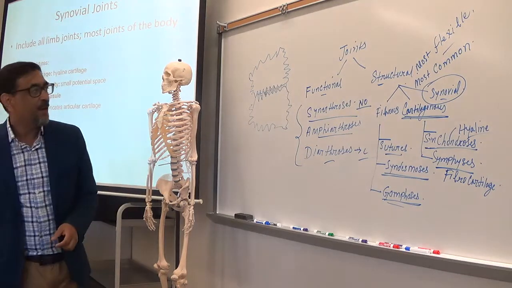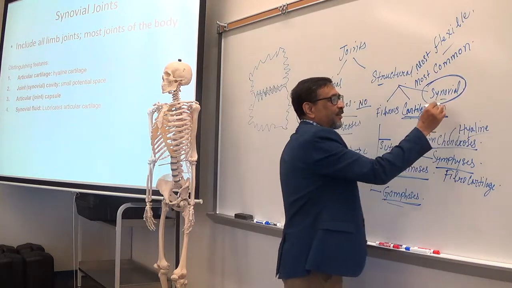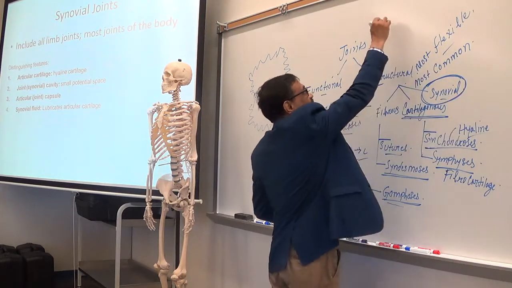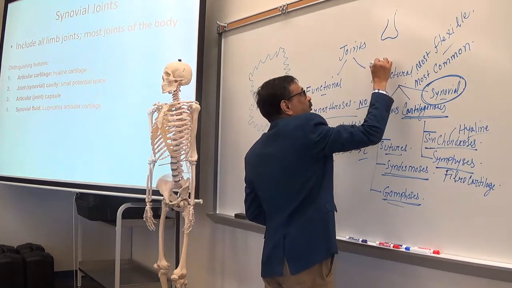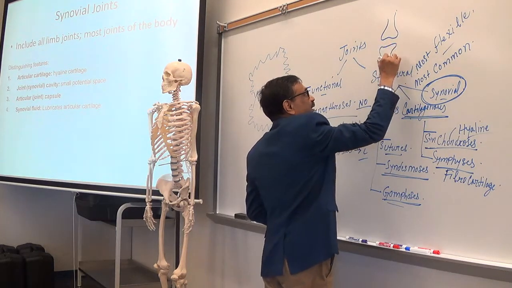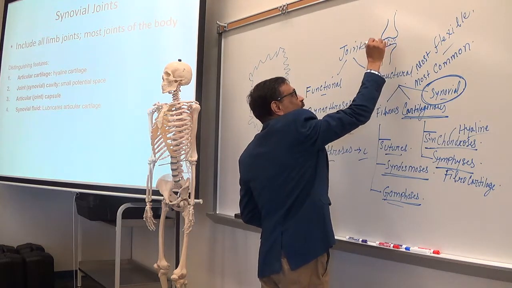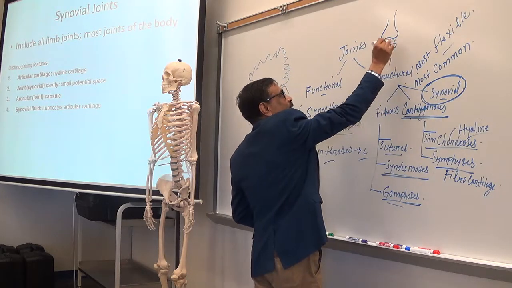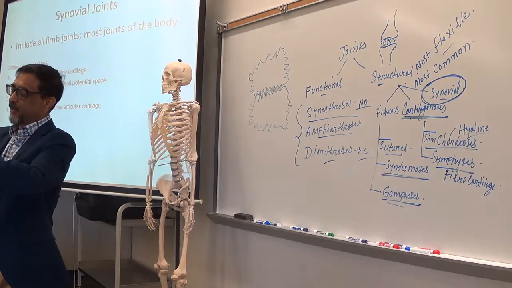Now, in a synovial joint, like this is one bone and this is another bone, the bones are connected by fluid. So there is no solid structure, but fluid is in between the bones.